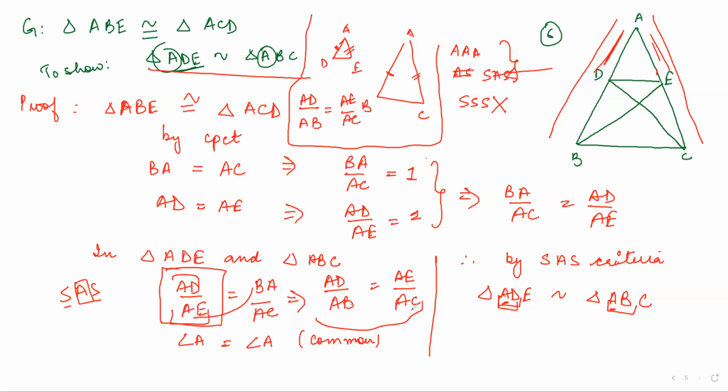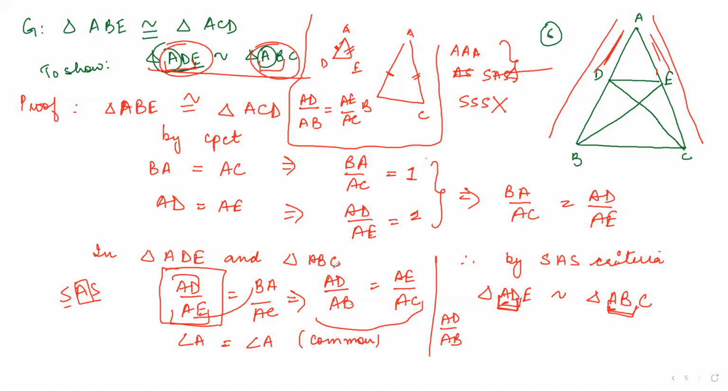Any confusion? So tell me now. And that's how we name it. Because if I call ADE similar to ABC, that means AD has to be in proportion to AB, right? So if I'm writing AD here, I must have AD upon AB. Then only I'll write AD is in proportion to AB, correct?